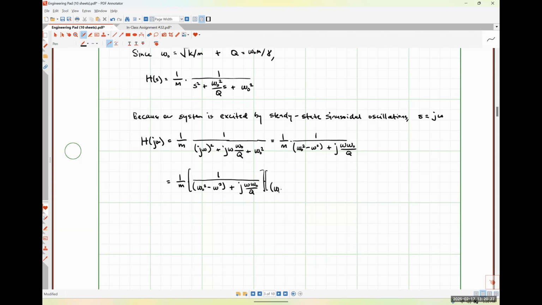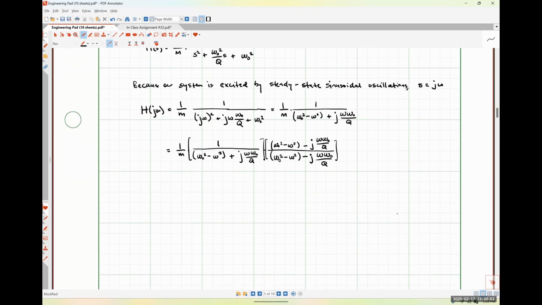So that would be omega naught squared minus omega squared minus j omega naught over Q, and that exact same thing is going to go into the numerator. What this is going to do is get rid of the imaginary numbers in my denominator.